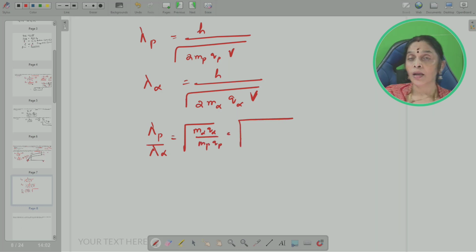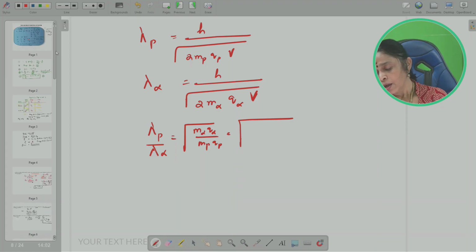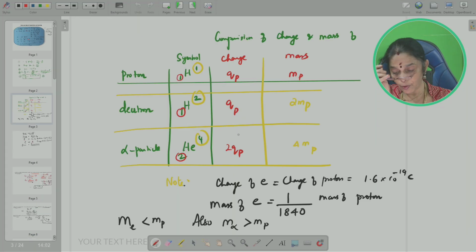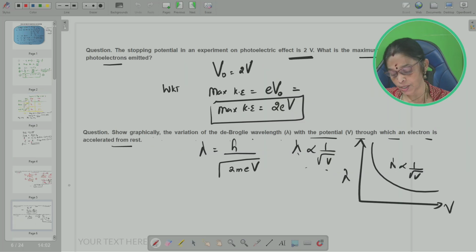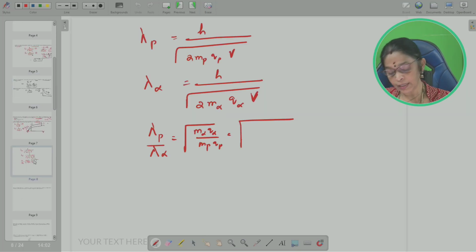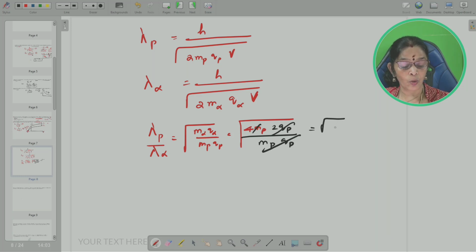Earlier we have seen in the table how m alpha is related: mass 4 times, charge 2 times. So m alpha is 4 into mp and 2 times qp, divided by mp into qp. That gets cancelled, so that will be equal to root 8. Therefore, lambda proton is equal to root 8 times the lambda alpha.